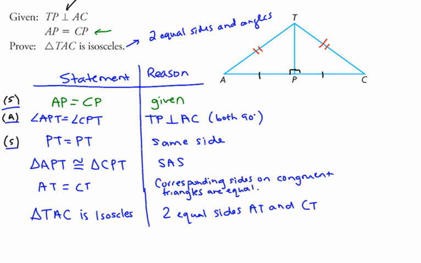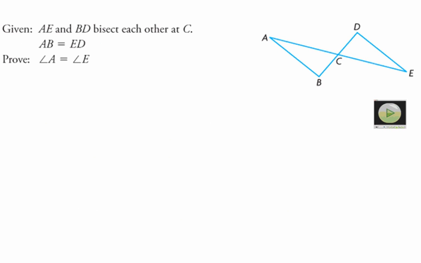Okay, one more example that's not in your book: AE and BD bisect each other at C. AB equals ED. Prove that angle A equals angle E. All right, so what does this word bisect mean? Bisect. Not the same thing as dissecting. It means to cut in half.